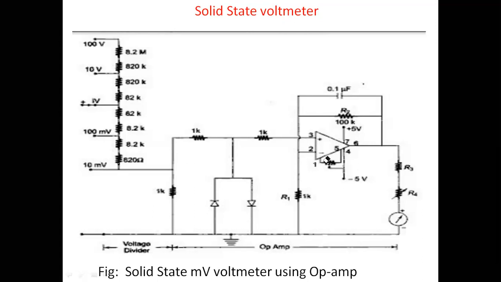The functionality of the op amp is safe. We are using these diodes for IC protection. Generally this is used for 100 millivolts, 1 volt, 10 volts, 100 volts; up to 100 volts we can measure with this voltmeter.